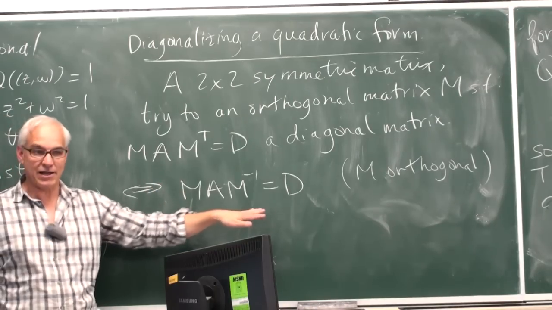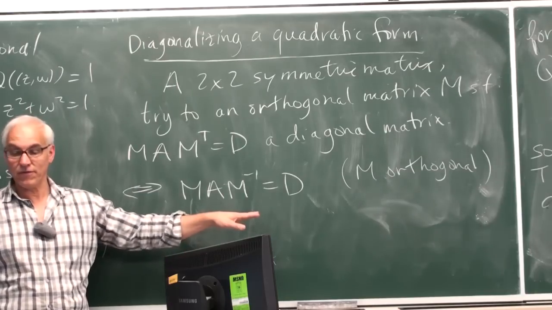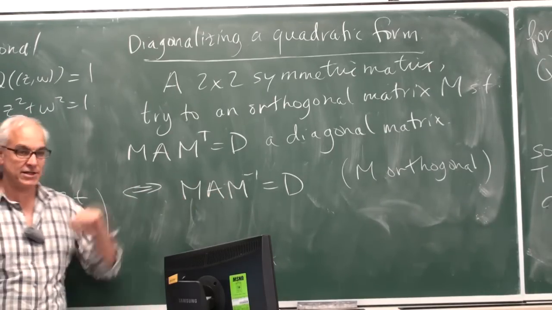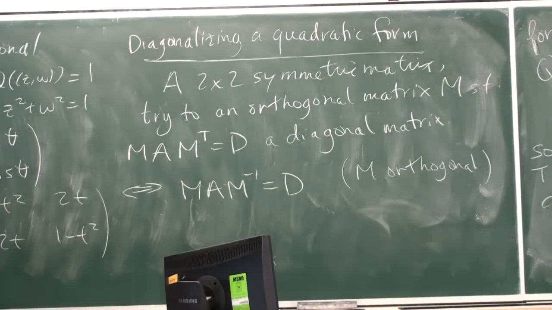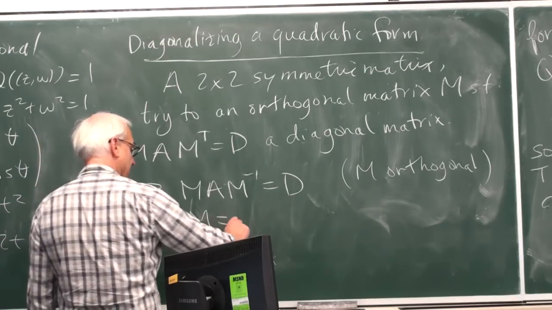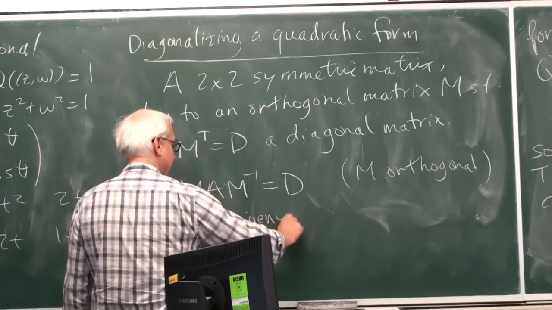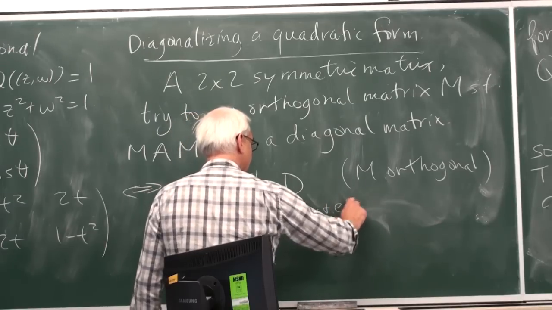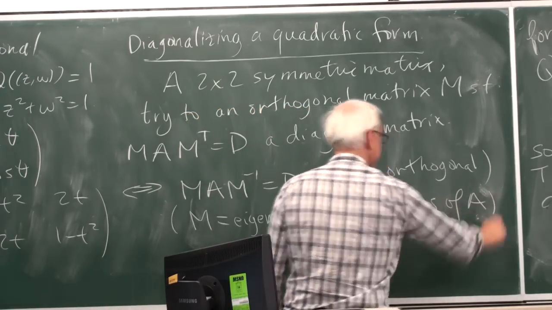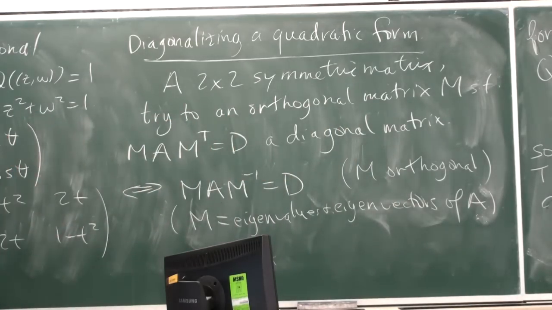This is the usual diagonalization procedure that you learn in first year, which involves the eigenvalues and eigenvectors of the matrix A. So I remind you, M is made up of the eigenvectors of A. So we have to say a little bit about eigenvalues and eigenvectors of 2x2 symmetric matrices.